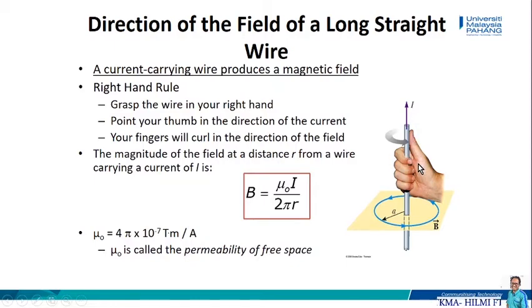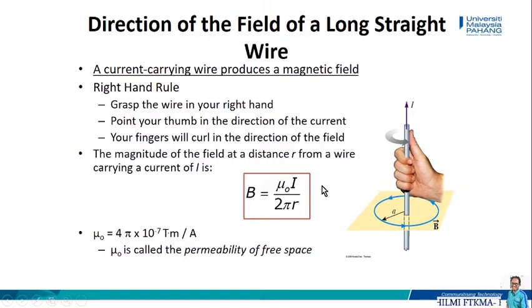Using the right hand rule, we can understand that the magnetic field is flowing in the direction of our fingers. The magnitude of the field at a distance r from a wire carrying a current I is given by this equation, where B is equal to mu naught times I over 2 pi r.